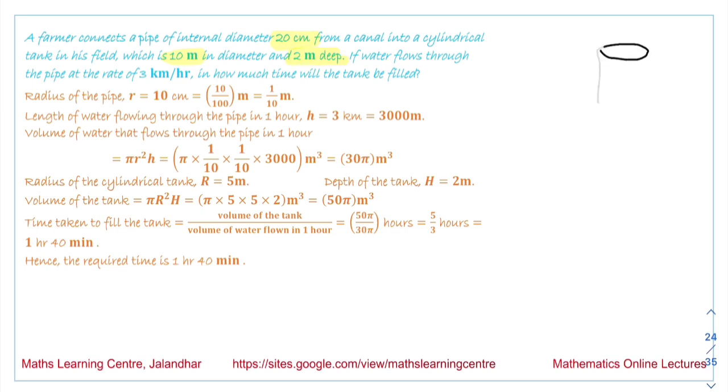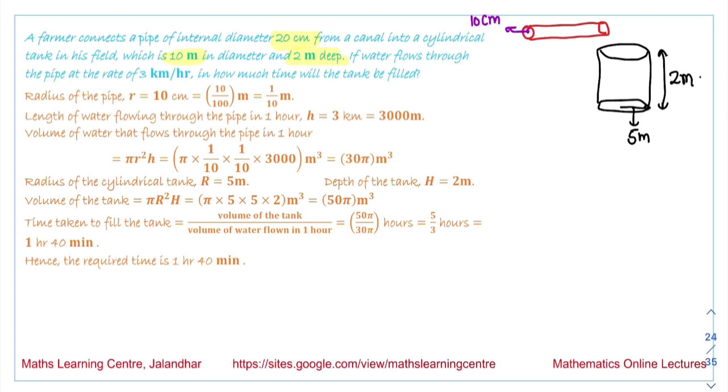So he has a cylindrical tank and the dimensions of the tank are given, that the radius of this tank is 5 meter and this tank is 2 meter deep, and he has connected a pipe from the canal to this tank, and the diameter of this pipe is given to be 10 centimeters. The speed at which the water flows through the pipe is given to be 3 km per hour. In how much time will the tank be filled?